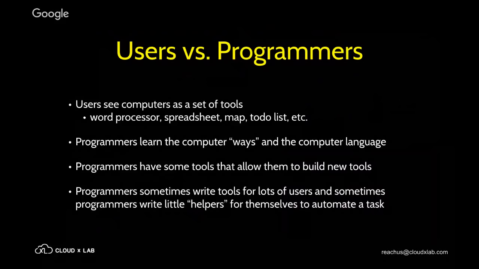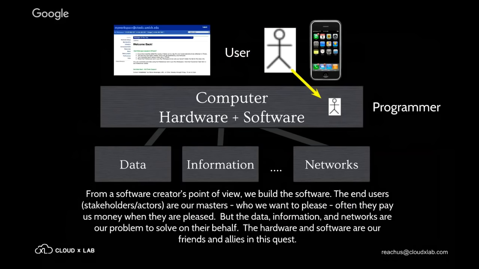Now, the users interact with the computer hardware as well as software. For example, for users who are using the phone, the phone is the hardware and the software is inside it, and inside it interacts with the data, information, and networks, and so on.